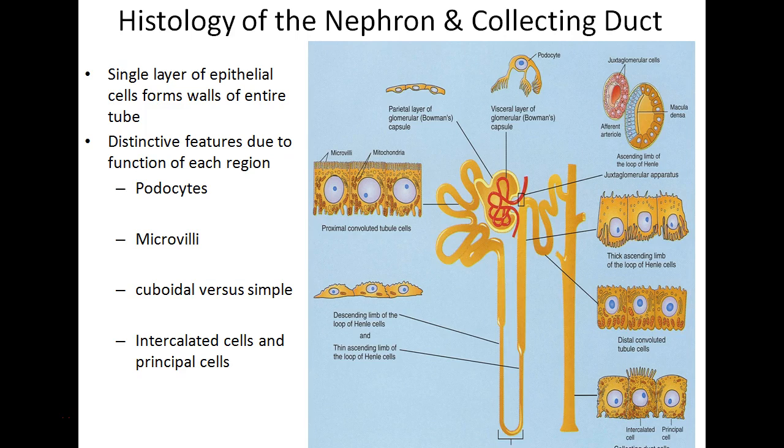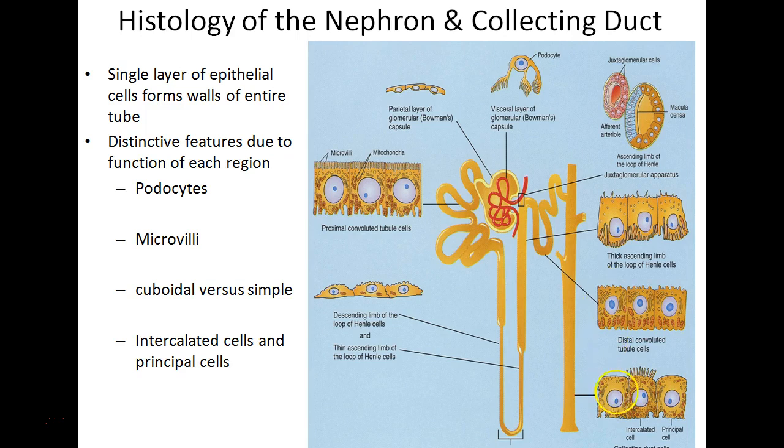The region of the renal tubule originating from the thick ascending limb of the nephron loop is lined with small, simple cuboidal epithelium and short apical microvilli, that's going to be part of our distal convoluted tubule cells.